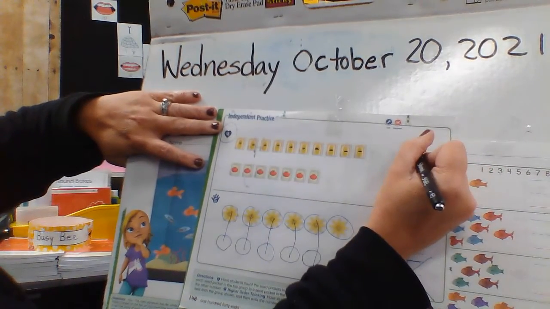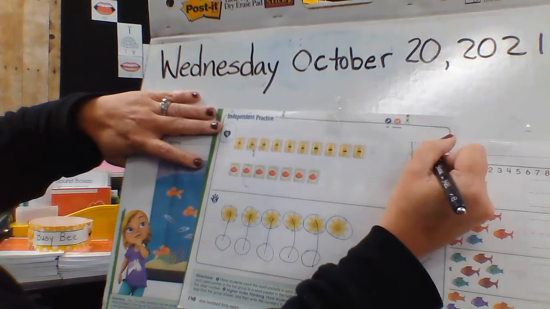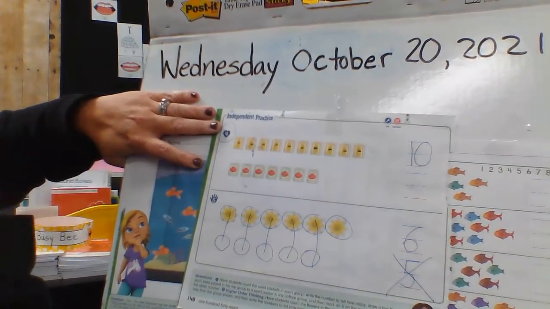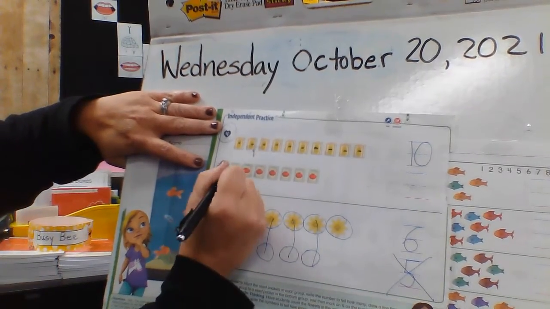So I'm going to write 10, which is the 1 on the left, 0 on the right. That is 10.